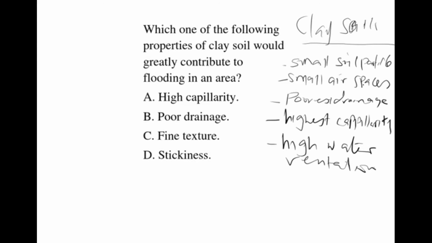The soil does not allow water to pass through it quickly. It retains more of the water. Therefore, combining poor drainage and high retention, there are two characteristics that make the soil flood. So the answer there is poor drainage.